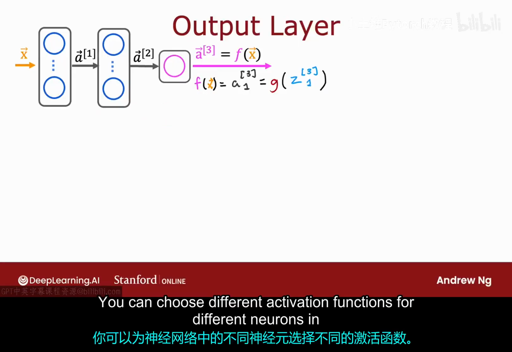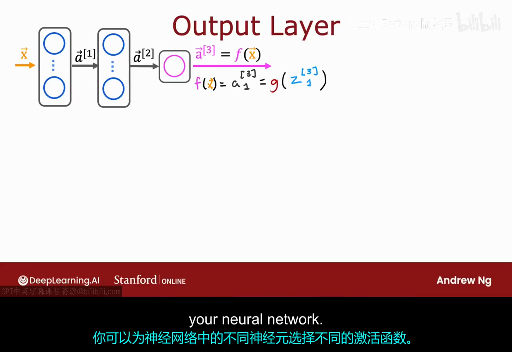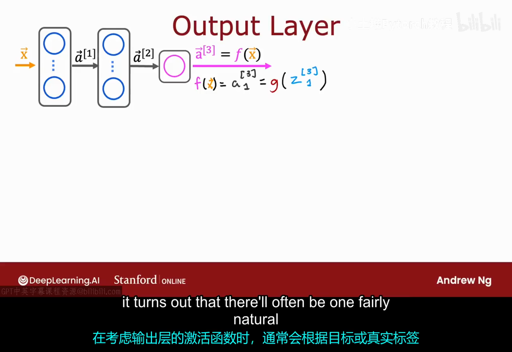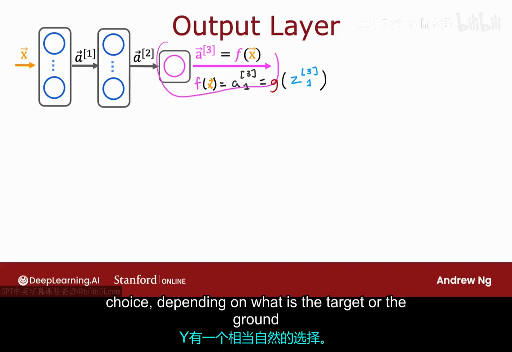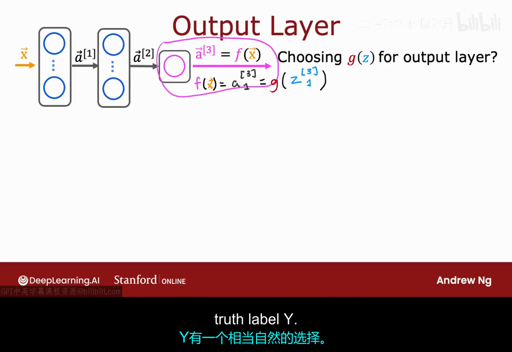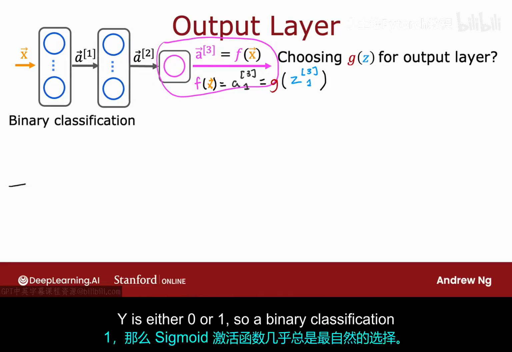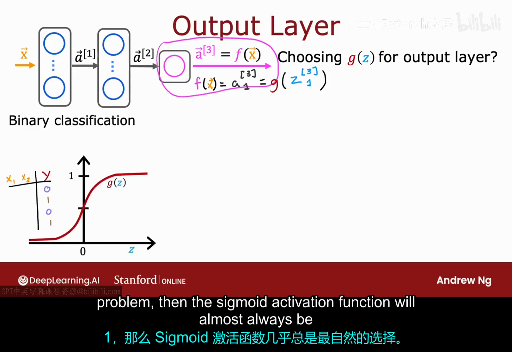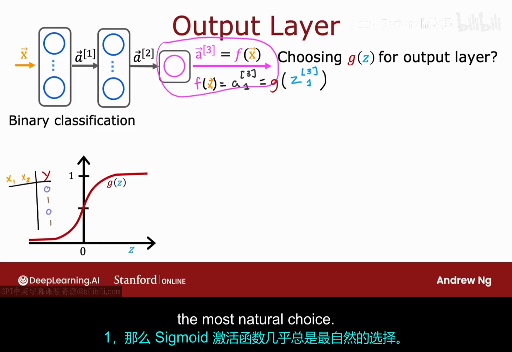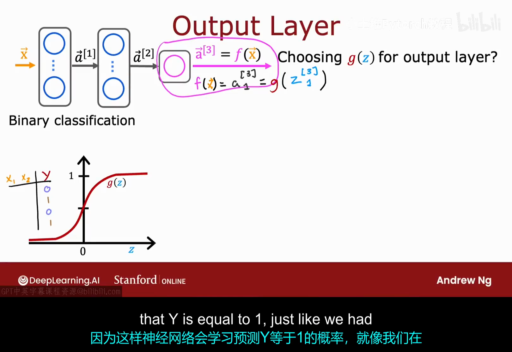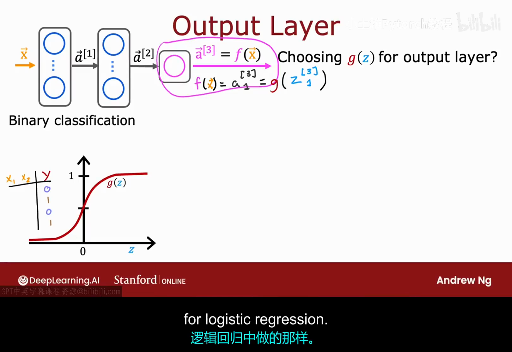You can choose different activation functions for different neurons in your neural network. And when considering the activation function for the output layer, it turns out that there'll often be one fairly natural choice depending on what is the target or the ground truth label Y. Specifically, if you are working on a classification problem where Y is either 0 or 1, so a binary classification problem, then the sigmoid activation function will almost always be the most natural choice, because then the neural network learns to predict the probability that Y is equal to 1, just like we had for logistic regression.